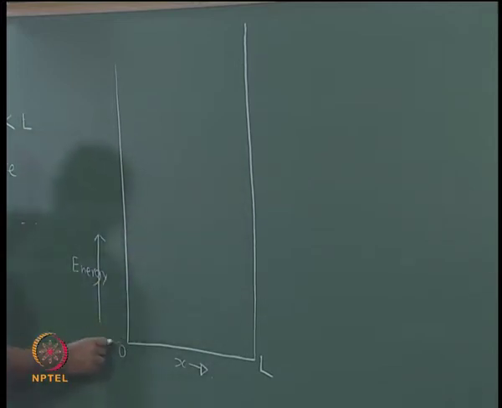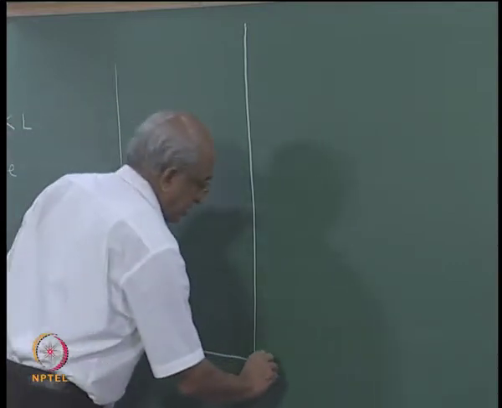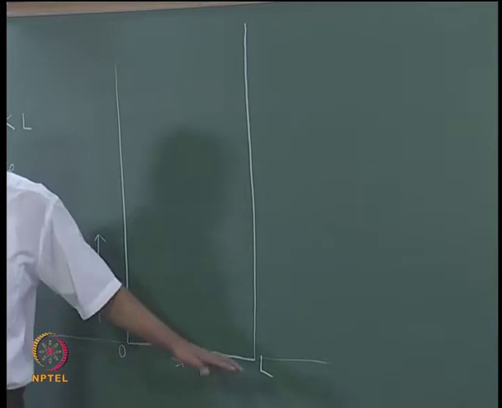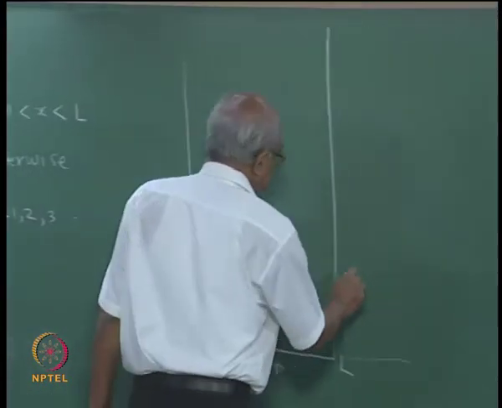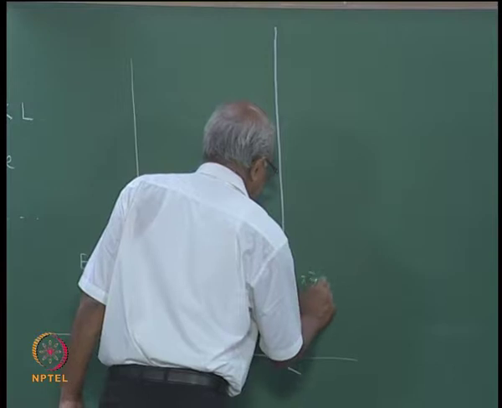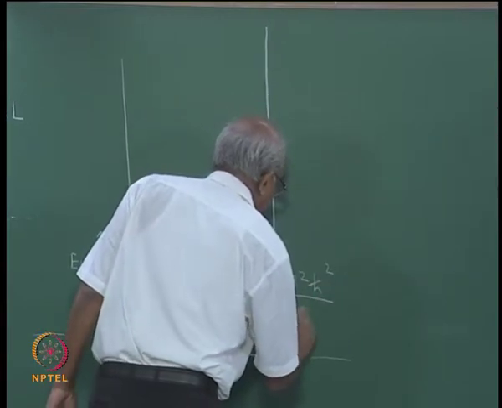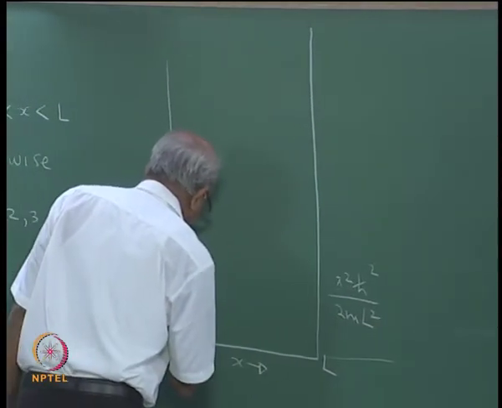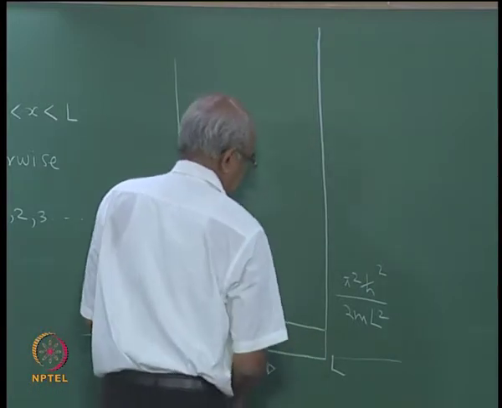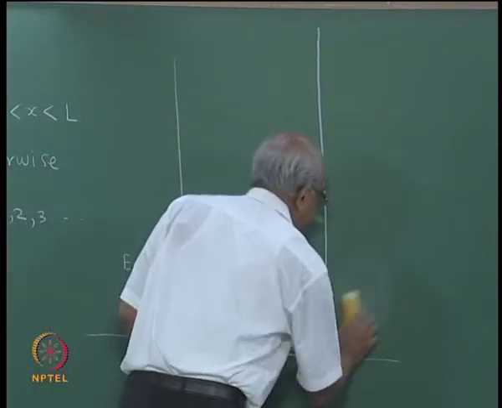See, in this region the potential energy is infinity, in that region also potential energy is infinity, while inside the box the potential energy is 0. And then we look at the allowed energy levels. You can put n equal to 1, n equal to 0 is not possible, as I said. You can put n equal to 1, what is going to happen is you are going to get an energy which may be somewhere here, pi square h cross square divided by 2 m L square. You can represent that in this picture, maybe the energy is so much. Well, maybe I should write it a little bit lower.